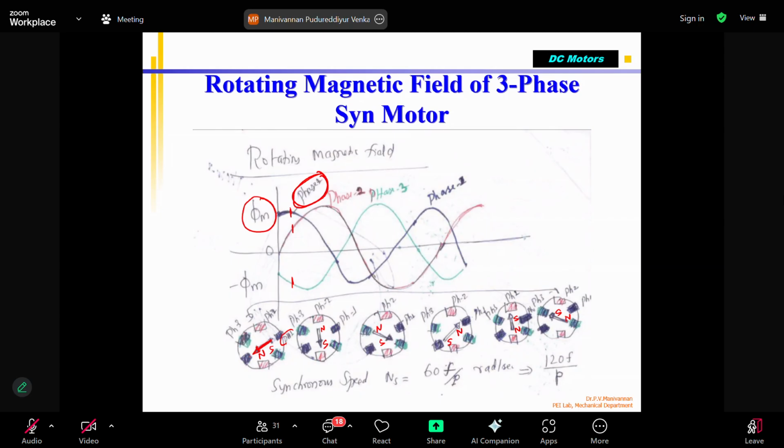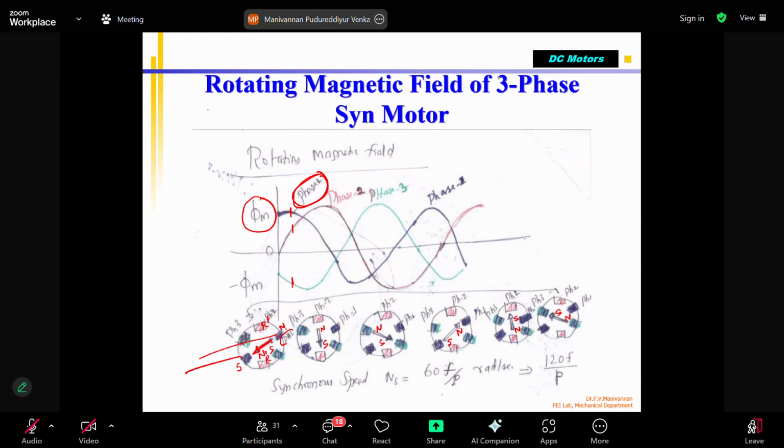Now, this is the south pole and this is the north pole, because current is flowing in this coil. We call them pole pairs in a three-phase motor. This is for blue, this one is 1, and I can say the R. Sorry. This is R, this is R dash.